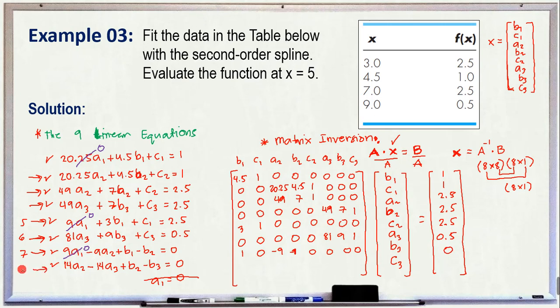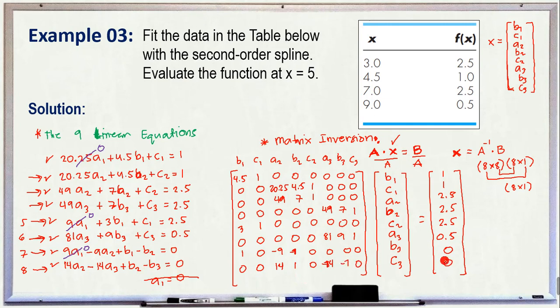Now, for the last row, for the 8th equation. We don't have B1, we don't have C1, we have A2, 14. We have B2, which is positive 1. Then we don't have C2, but we have A3, negative 14. And then we have B3, negative 1, but we don't have C3, so 0. And then 0.